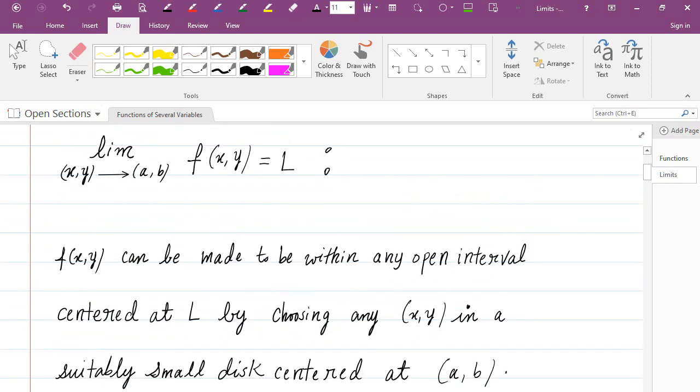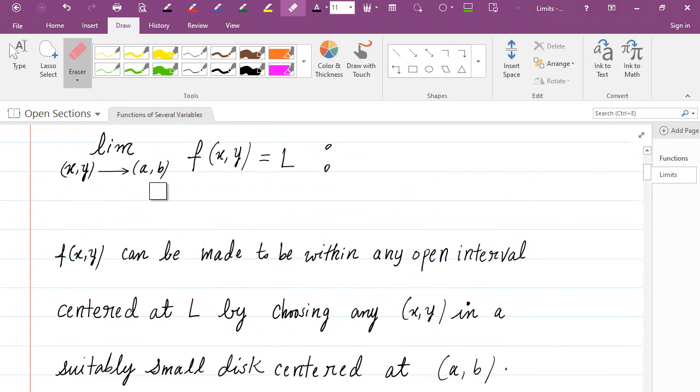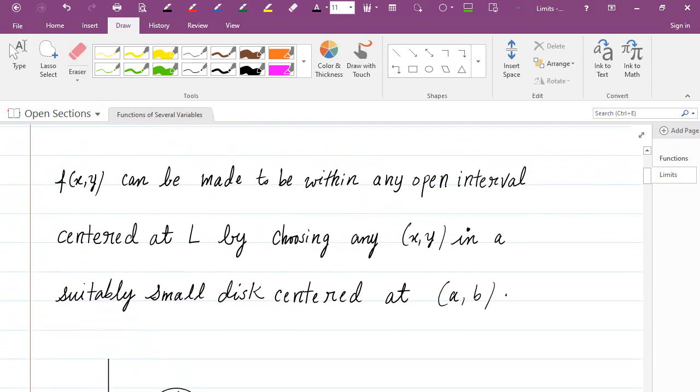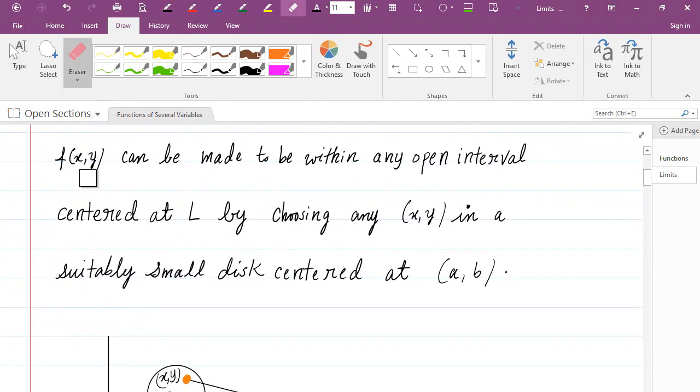Once again, the limit of f as (x, y) approaches (a, b) is L if f of (x, y) can be made to be within any open interval centered at L by choosing any (x, y) in a suitably small disk centered at (a, b).